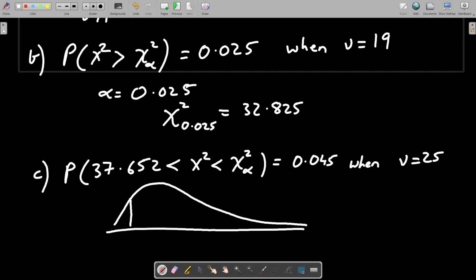They are taking some in-between area here from 37.652 to this point, and this shaded region over here is 0.045.